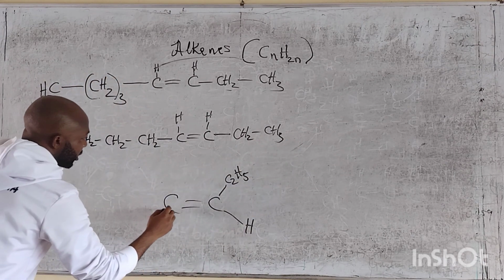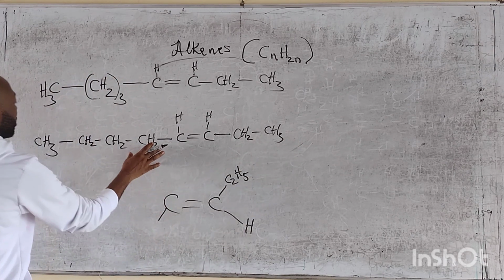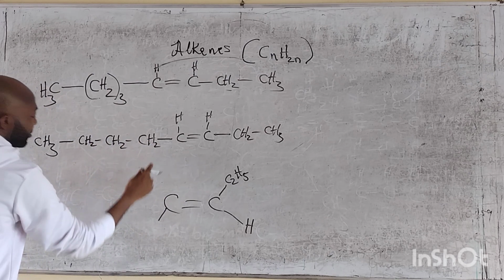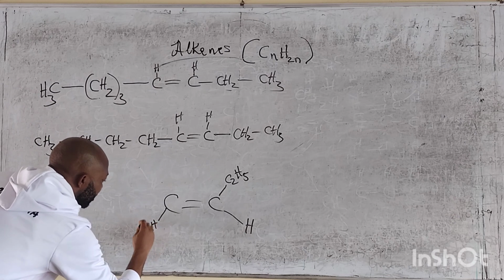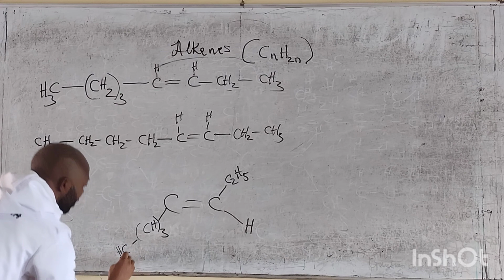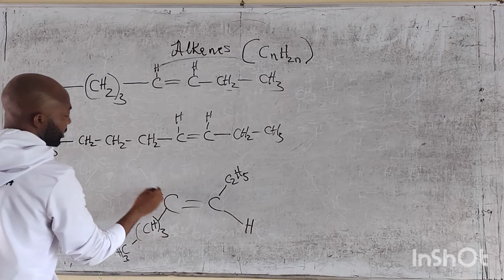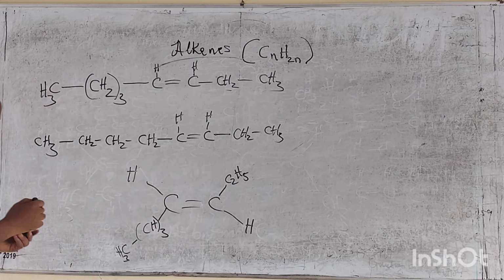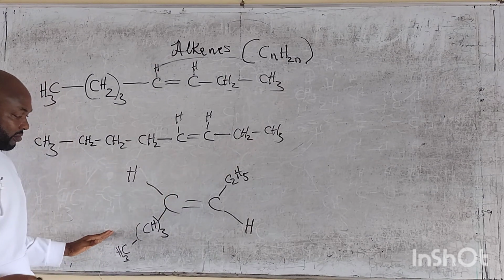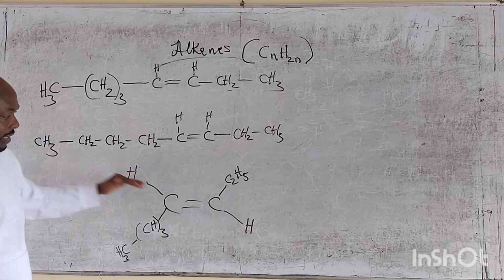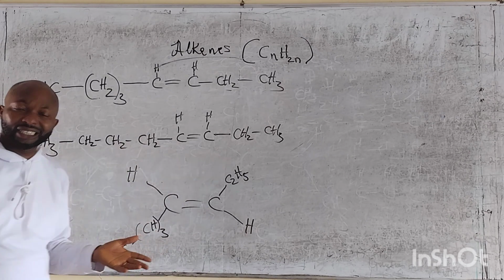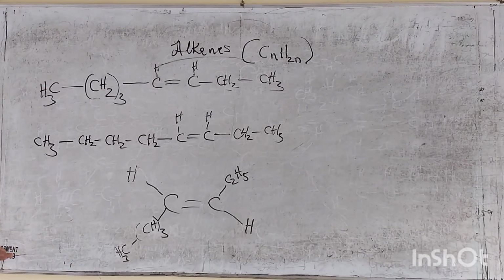I'll come here and put my CH3, then CH3. This is one, and this is another hydrogen. So you see that I've been able to arrange it in a trans manner. I can still arrange this, bring this one up here and put it here in a cis manner. So that is how this goes.